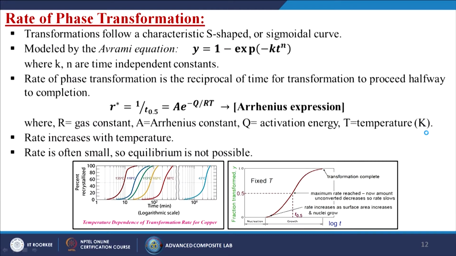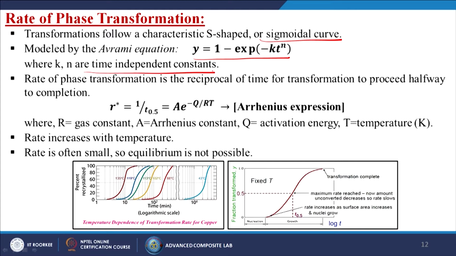Transformations follow a characteristic S shaped, or sigmoidal, curve, modeled by the Avrami equation, which is y is equal to 1 minus exponential of minus k t to the power n, where k and n are time independent constants.